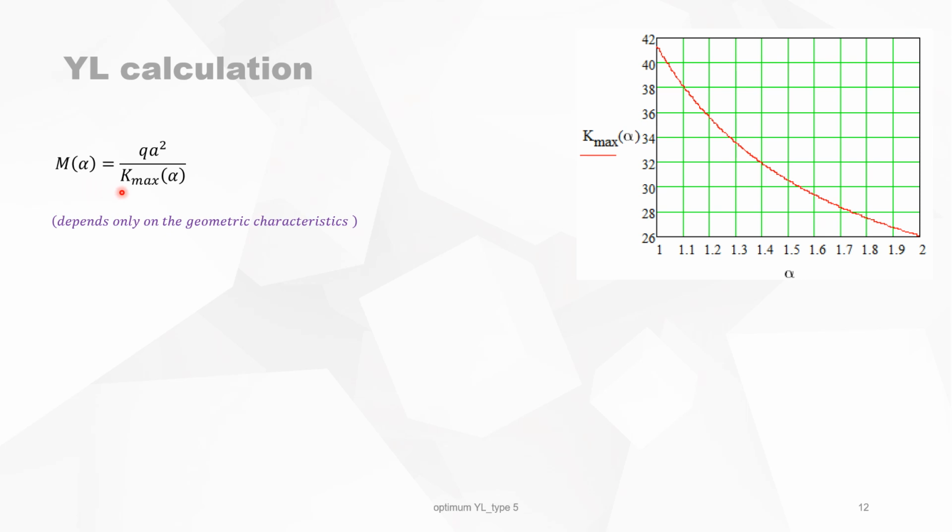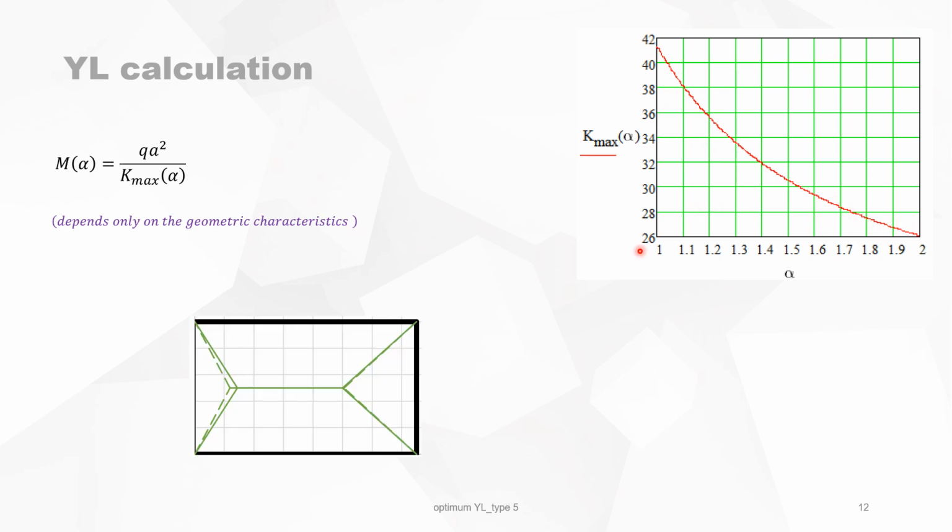So we can just make the graph, which is quite simple. It's just K max alpha equals Q a squared divided by M alpha. And then you will see on the y-axis K max and on the x-axis the range 1 to 2. And you have these different values of K max.